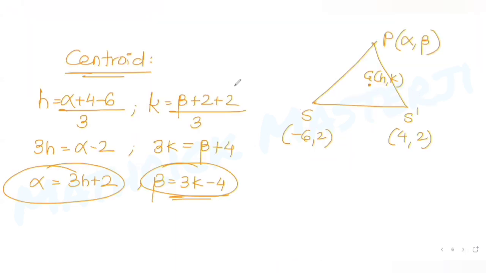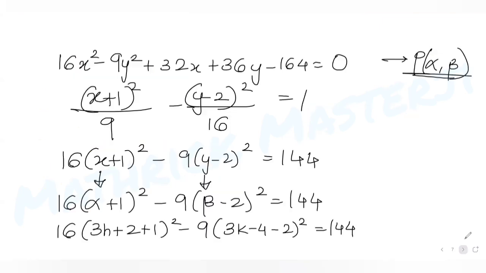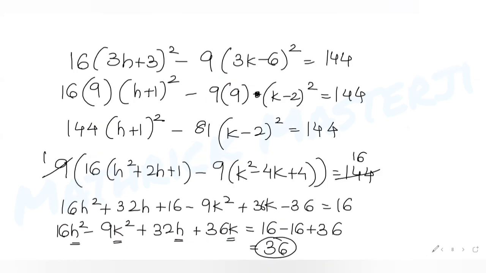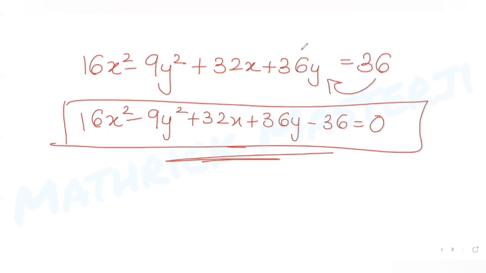Then we used the idea of centroid of the triangle to convert my point P on the hyperbola in terms of h and k, and then we substituted those points of h and k, or alpha and beta, as my points of x and y in the equation of hyperbola. Then we converted alpha and beta in terms of h and k, and that gave us the equation of the centroid, which matches with option A. So A became the correct answer here.